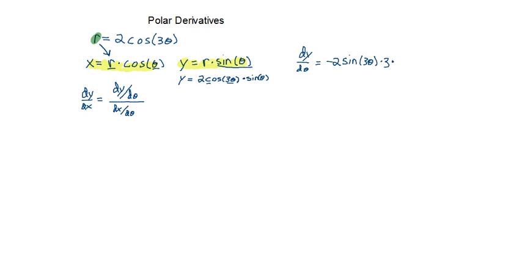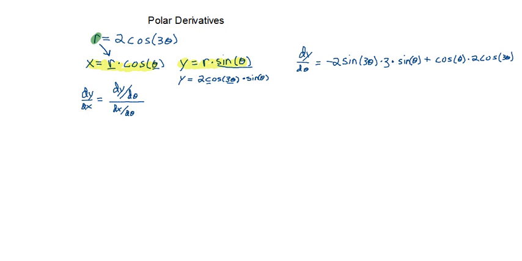That's the derivative of the first times the second, which is sine theta, plus the derivative of the second, which is cosine theta, times the first, which is 2 cosine 3 theta. As you can see, that is kind of long, but it is just the product rule.